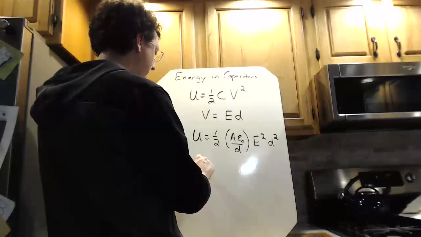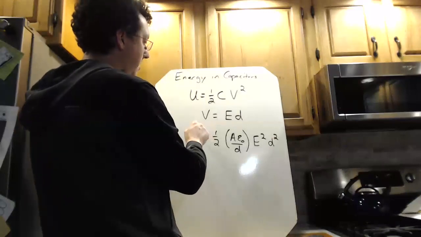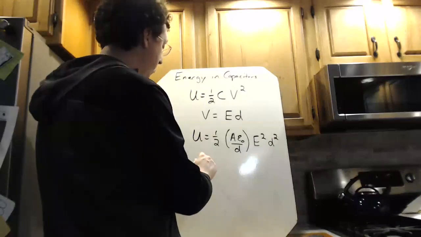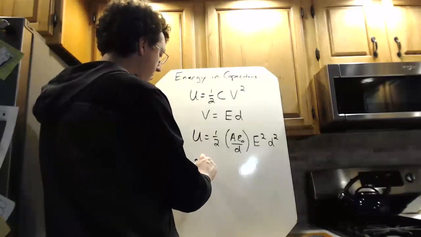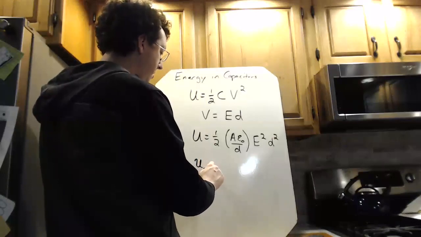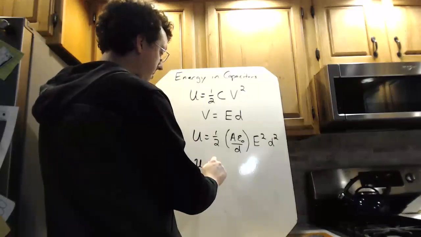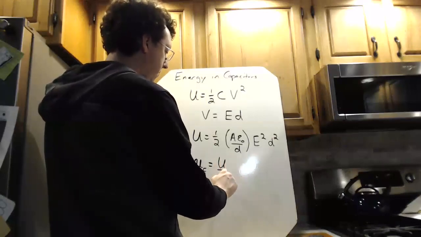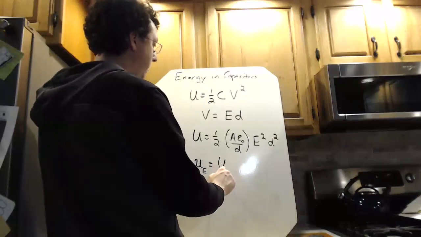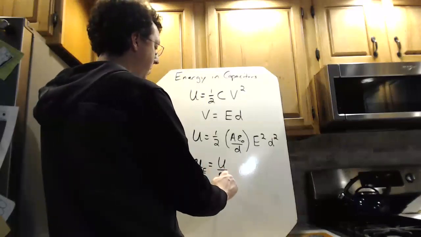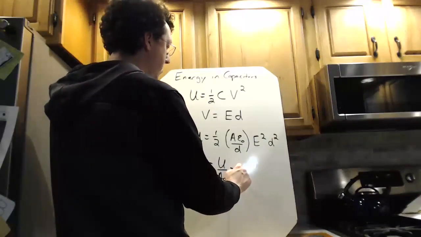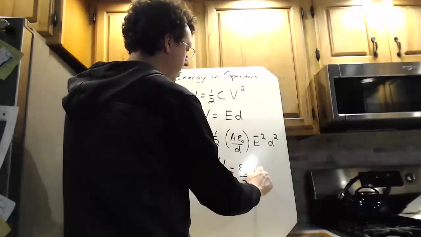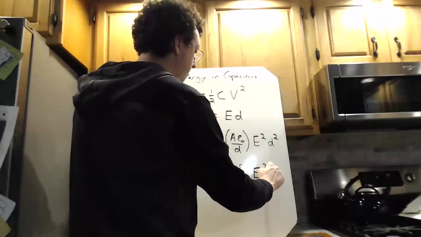A convenient thing is, rather than studying the total energy, let's study the energy density, or the energy per unit volume. So that would be lowercase u, the energy density, equals capital U over the volume. But the volume of a parallel plate capacitor is simply the area times D. So that's going to give me epsilon naught over 2 times E squared.